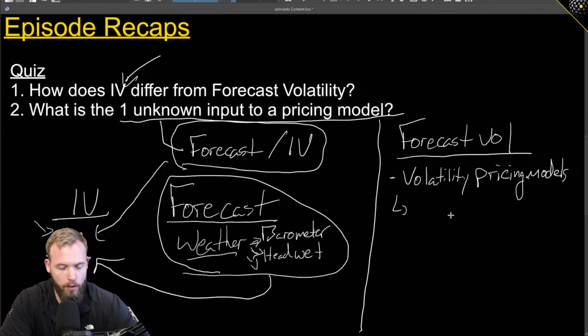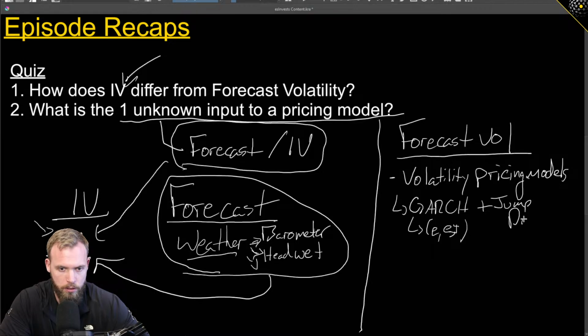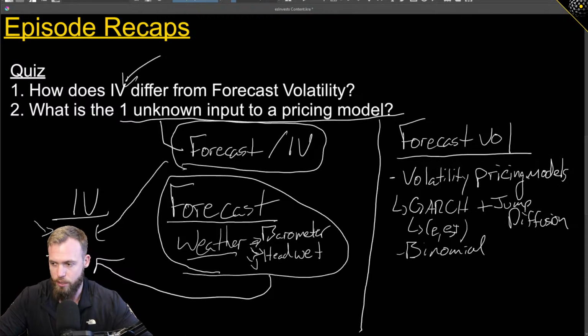These are all of your different kinds of GARCH models, which include EGARCH, EJ GARCH, GARCH plus jump diffusion. There's binomial, et cetera, et cetera. There's a million different kinds of models.